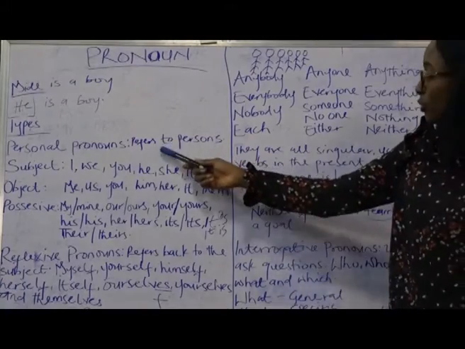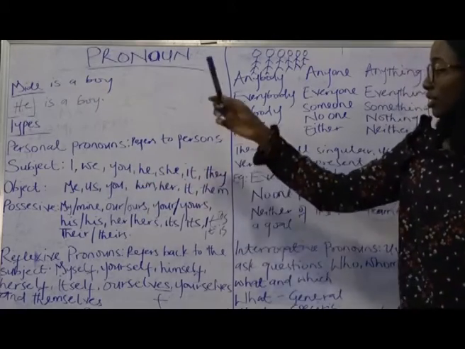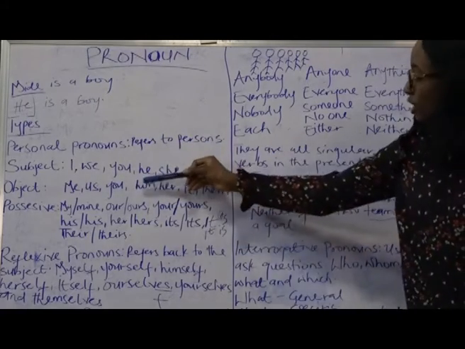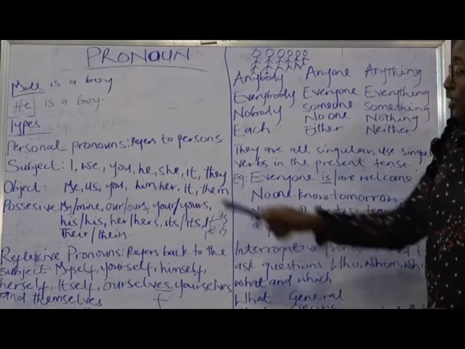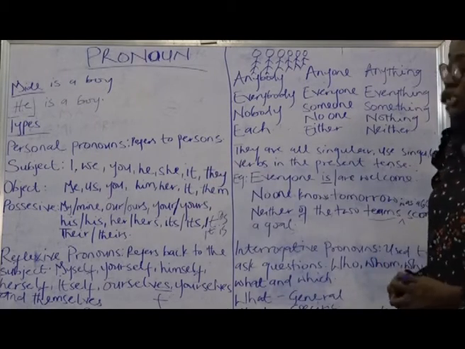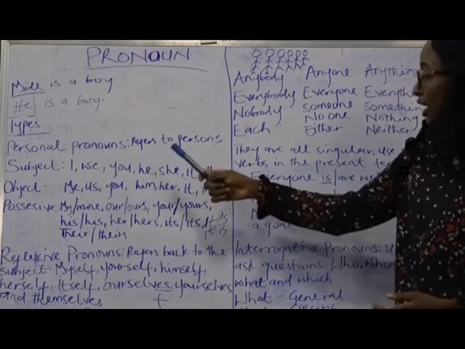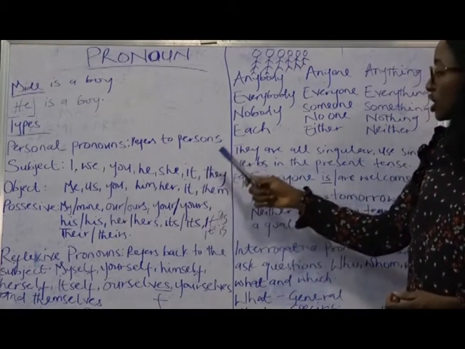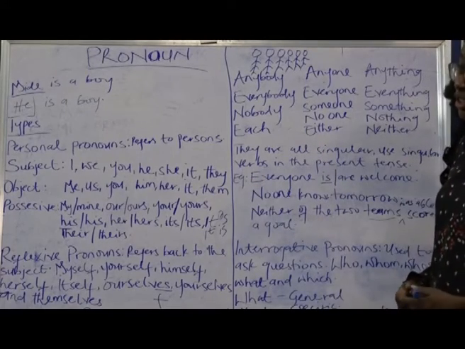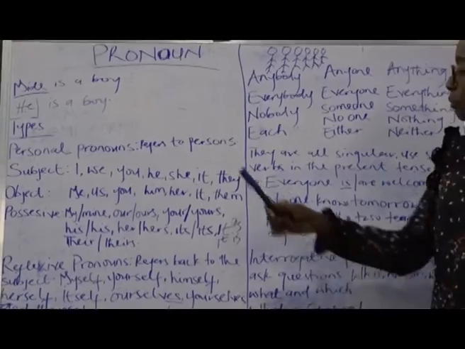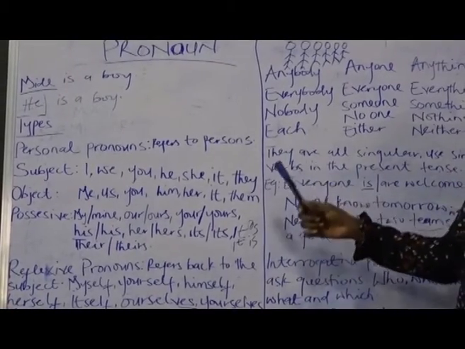Now, the personal pronouns are of three types: the subject pronouns, the object pronouns, the possessive pronouns. The subject pronouns are used in the subject position, and they are I, we, you, he, she, it, and they. The object pronouns are used in the object position, and they are me, us, you, him, her, it, and them.